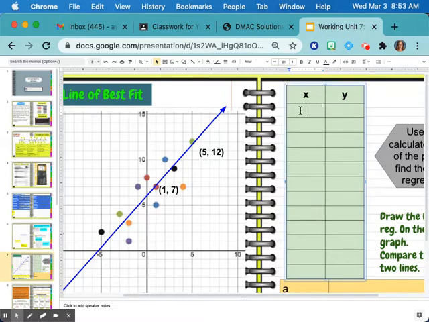So let's see, it would be -5 and 2. And the next one would be the green point right here. So that's at -3. And you can hit tab to go over to the y value. -3, +4. Okay, and then the orange point, -2, +3.